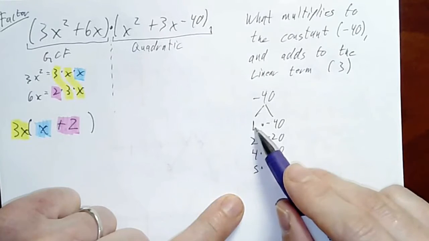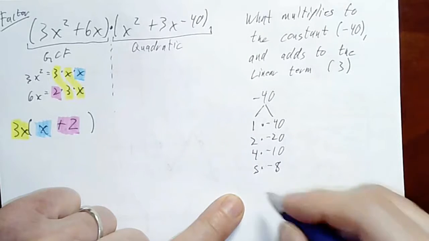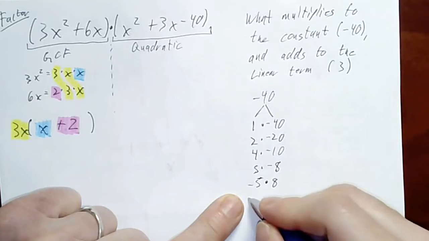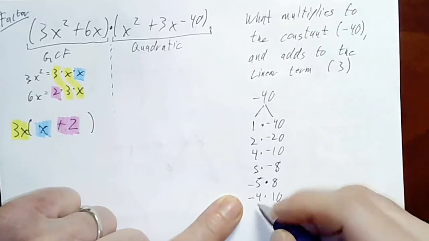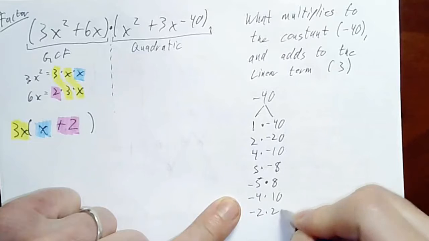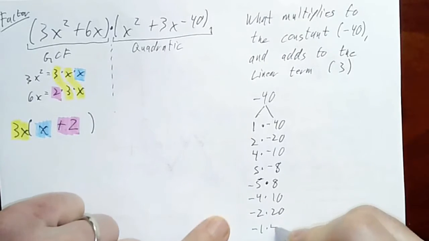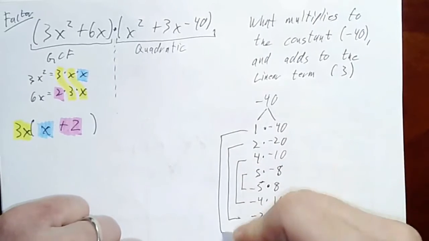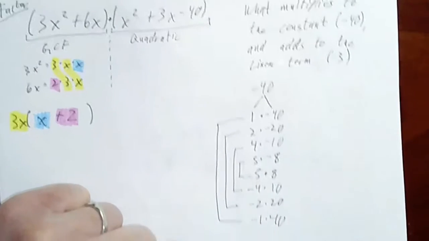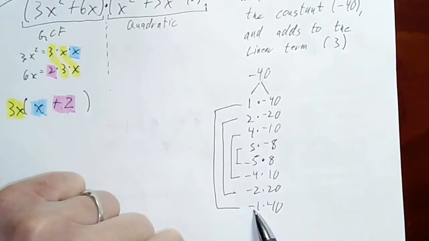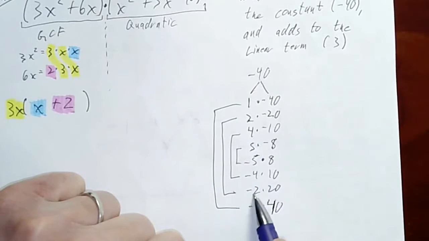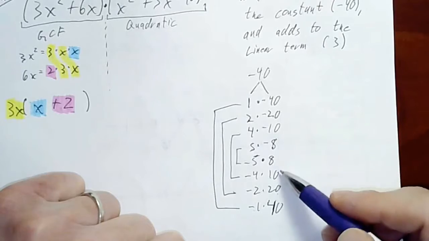So starting with 5 and negative 8, I'm going to rewrite this as negative 5 times 8, and then negative 4 times 10, and negative 2 times 20, and negative 1 times 40. And again, I like to do this so that I can see my opposites. So 1 and negative 40, negative 1 and positive 40, 2 and negative 20, negative 2 and 20, and so on, all the way in.